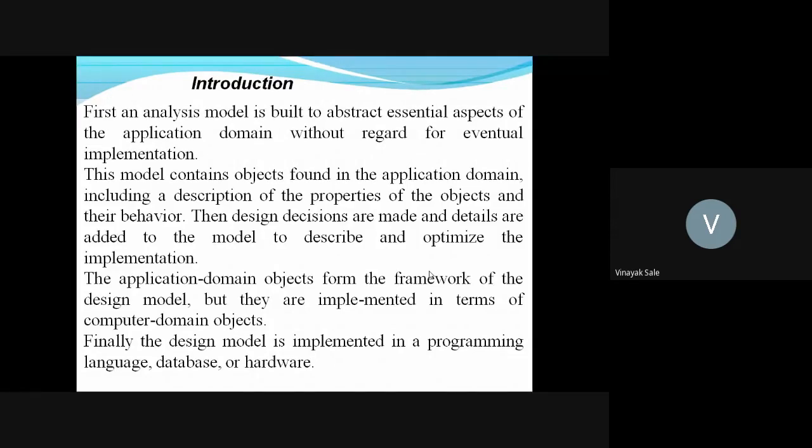Then design decisions are made and details are added to the model to describe and optimize the implementation. The next part is application domain objects. Application domain objects form the framework of the design model.